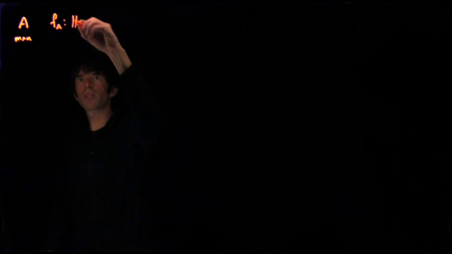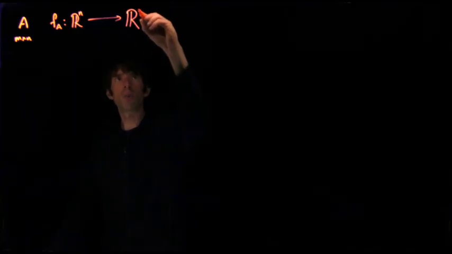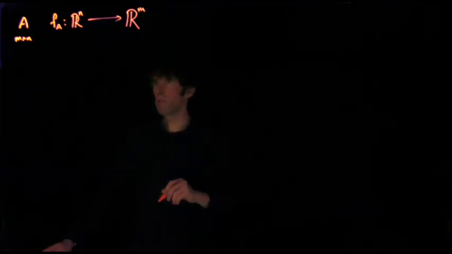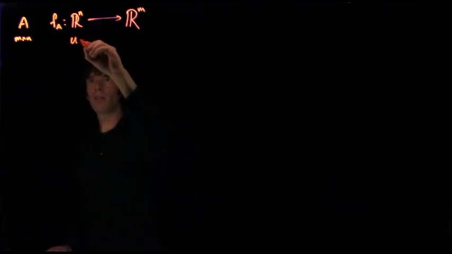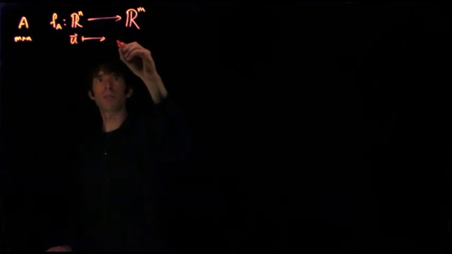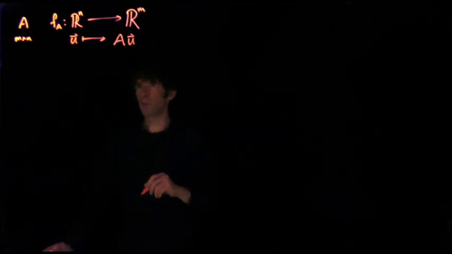And I'm going to do this a little bit more generally here. So this corresponds to a linear transformation that takes as input an n-dimensional vector, and the output, the codomain here, is an m-dimensional vector. So this sends some vector u to simply A times u. So this is just matrix multiplication.